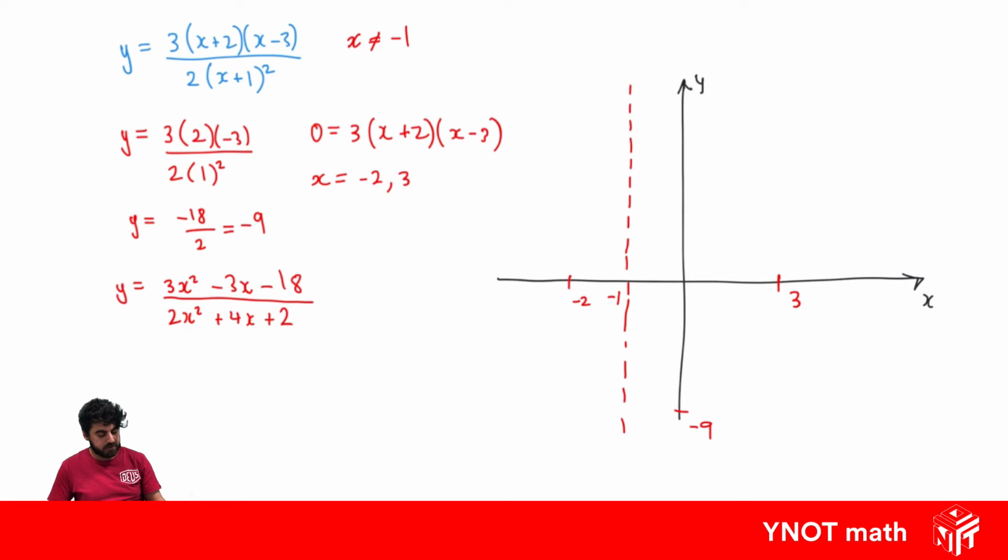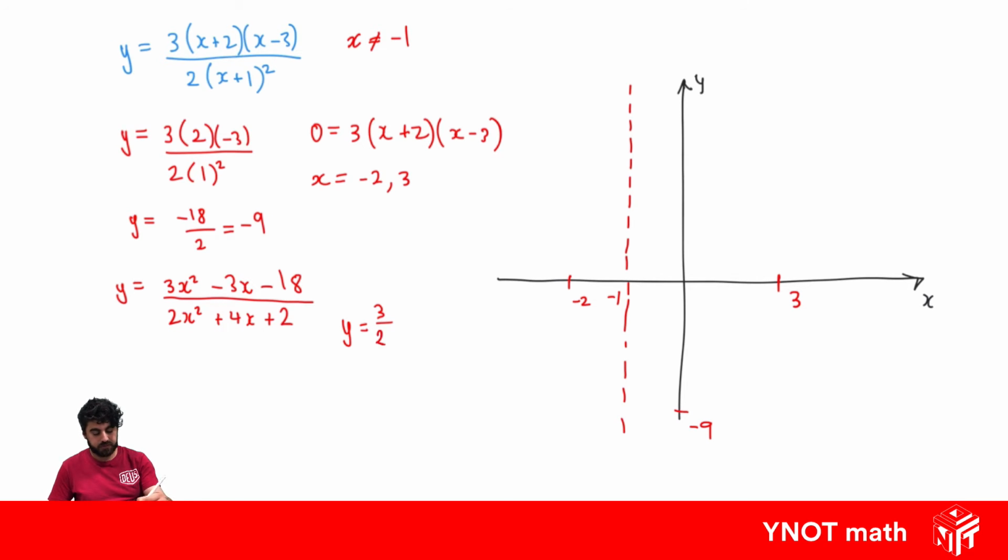And the reason we did this is now that we can look at the degrees of the numerator and the denominator, and this has a highest degree of 2, and so does the denominator. So they have equal degrees. And the rule was when the numerator and denominator have equal degrees, the asymptote occurs at y equals the ratio of the coefficient of the highest degree in the numerator, which is 3, over the coefficient of the highest degree in the denominator, which is 2.